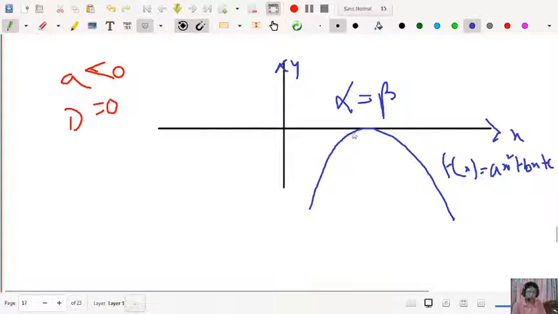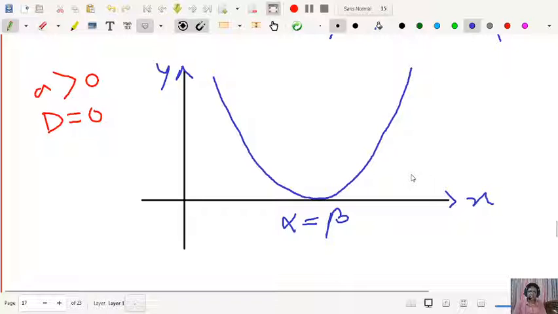And your quadratic polynomial wholly lies below the x-axis. That means it's negative. And in the earlier case, your f(x) lies above the x-axis. So it's greater than or equal to 0. It touches at 0 or is positive. Right?